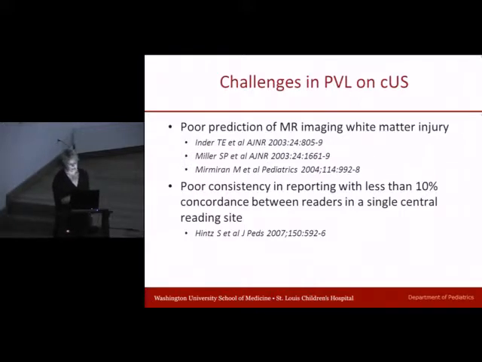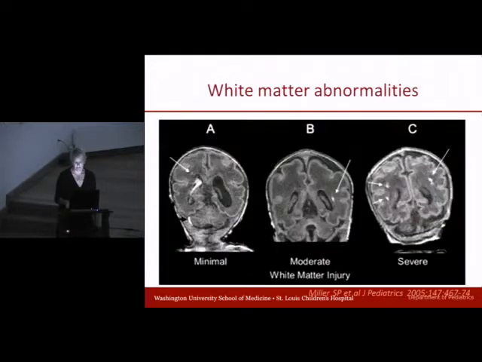And perhaps more concerningly, published from the NICHD was the fact that there was very poor consistency, even in looking at cystic PVL lesions on ultrasound, by 2 study investigators in the same centre. So you do have to be careful with the ultrasound, depending on the level of experience and the reporting of those abnormalities. On MRI, it's a little bit more straightforward sometimes.